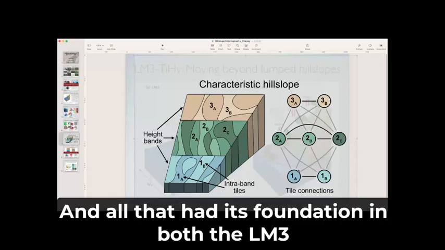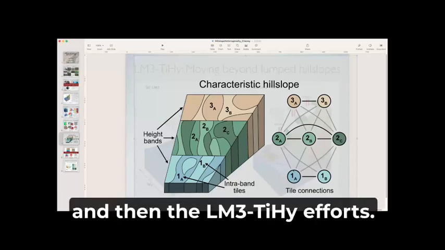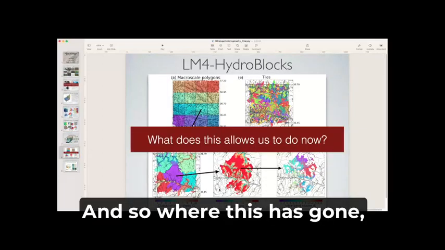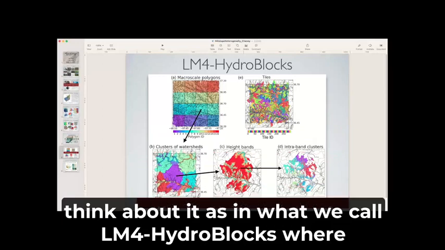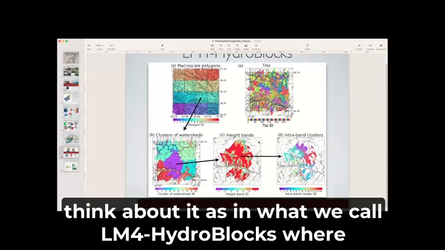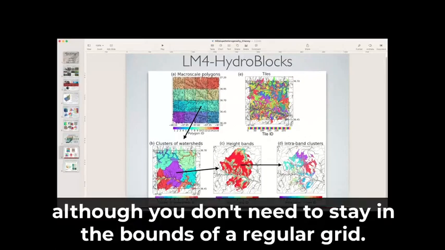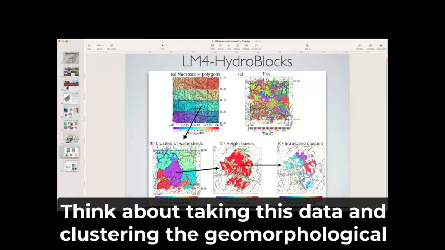And all that had its foundation in both the LM3 and then the LM3 TiHi efforts. And so where this has gone, think about it as what we call LM4 hydroblocks, where effectively you think about a grid cell as a macro scale polygon, although you don't need to stay in the bounds of a regular grid. Think about taking this data and clustering the geomorphological units.